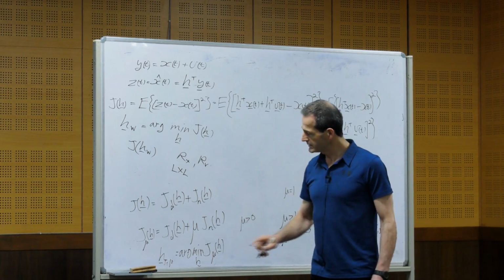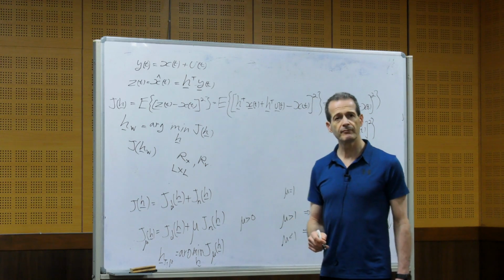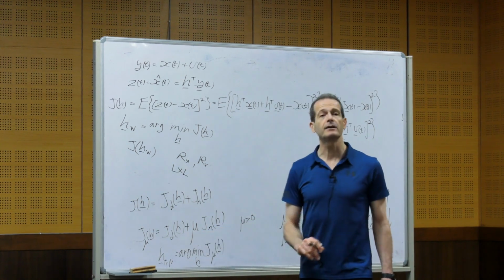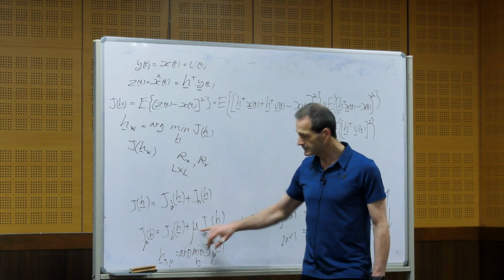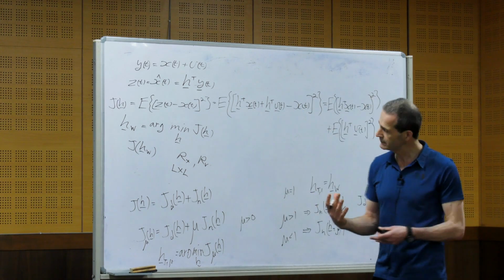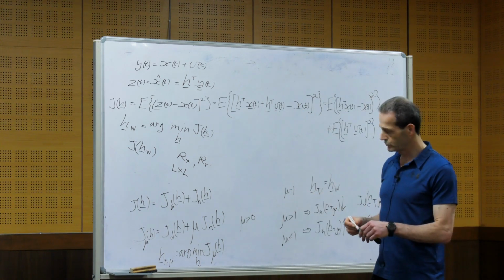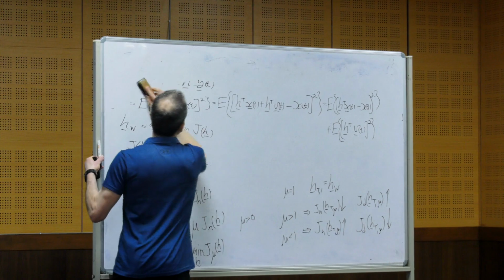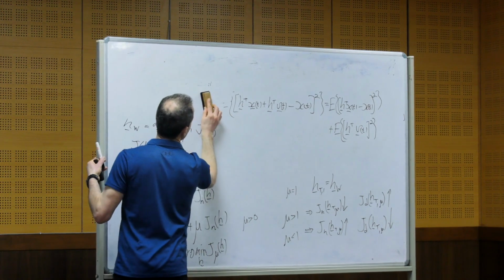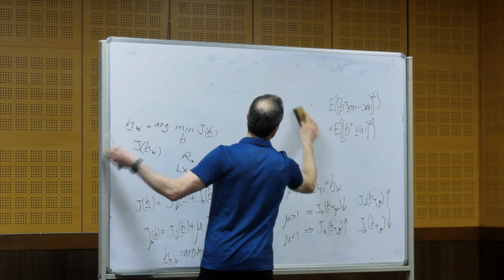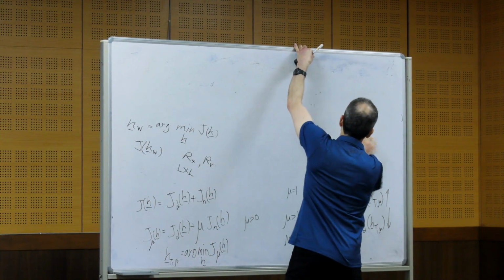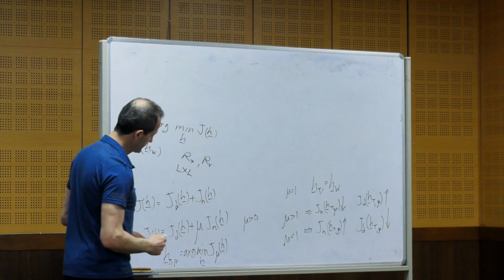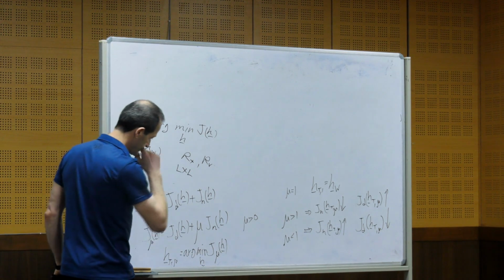So you see that this parameter, we can interpret it as a Lagrange multiplier, because this mu can be regarded as a solution to an optimization problem like this. So we can write the optimization problem like this.